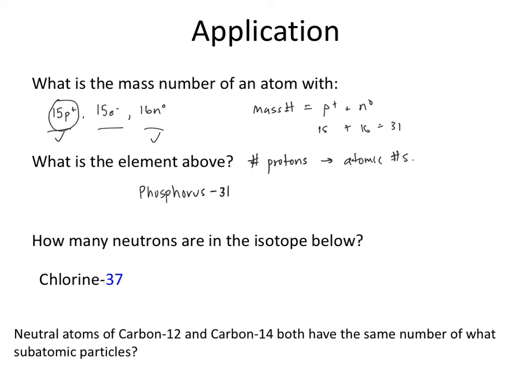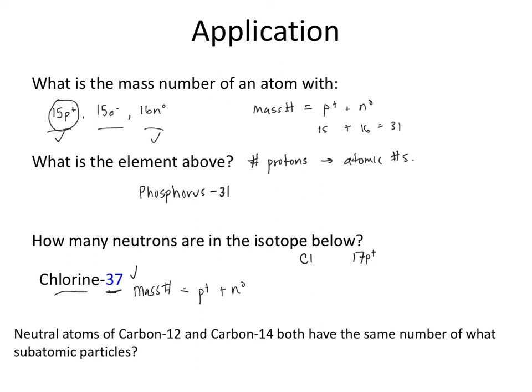For the next question, how many neutrons are in this isotope here? Again, we're going to take our knowledge of what this number represents, which is the mass number, and that's your protons plus neutrons. Then we also utilize our periodic table to find chlorine, which is represented as Cl. If we look above the element symbol, we know that it has 17 protons.